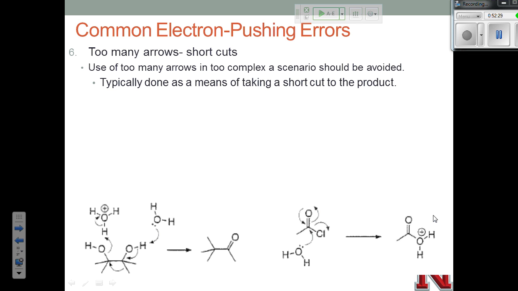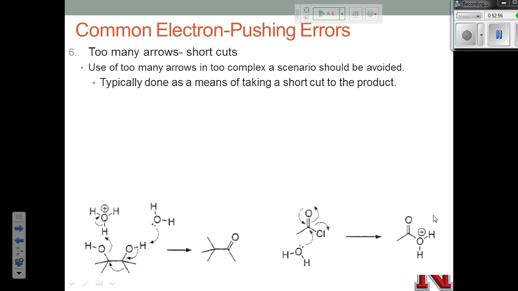Another one, and this one's really common, is too many arrows at once. That would cause a really high energy transition state, and that would be too high of an activation energy. I often see students try to put different steps together. That is incorrect. You will form your intermediates. There are some concerted reactions that we discuss, and we discuss why it's concerted and how we know.